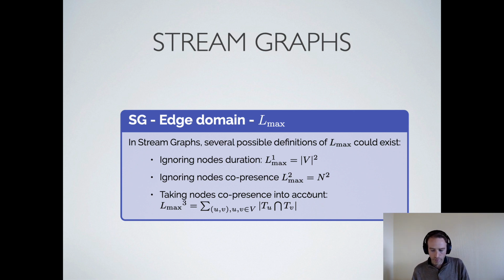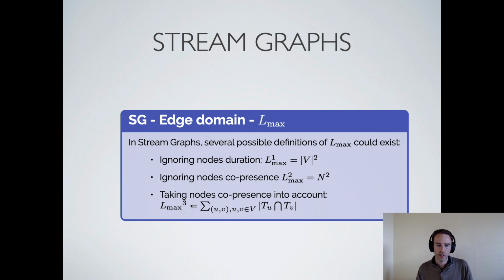And the final definition, which is actually the one adopted in the paper of Latapy et al. on which these definitions are based, is to take into account the copresence of nodes. So the idea is that if two nodes are present but not at the same time, then they cannot be linked.